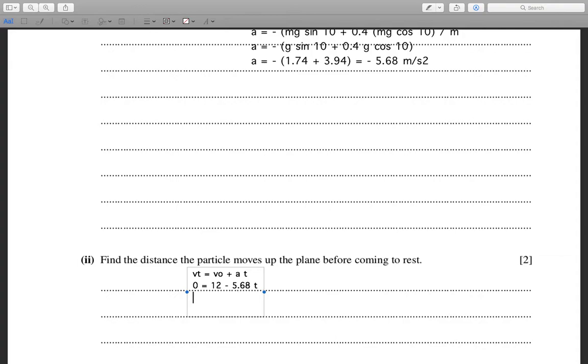Finally, we get t equals 12 divided by 5.68.